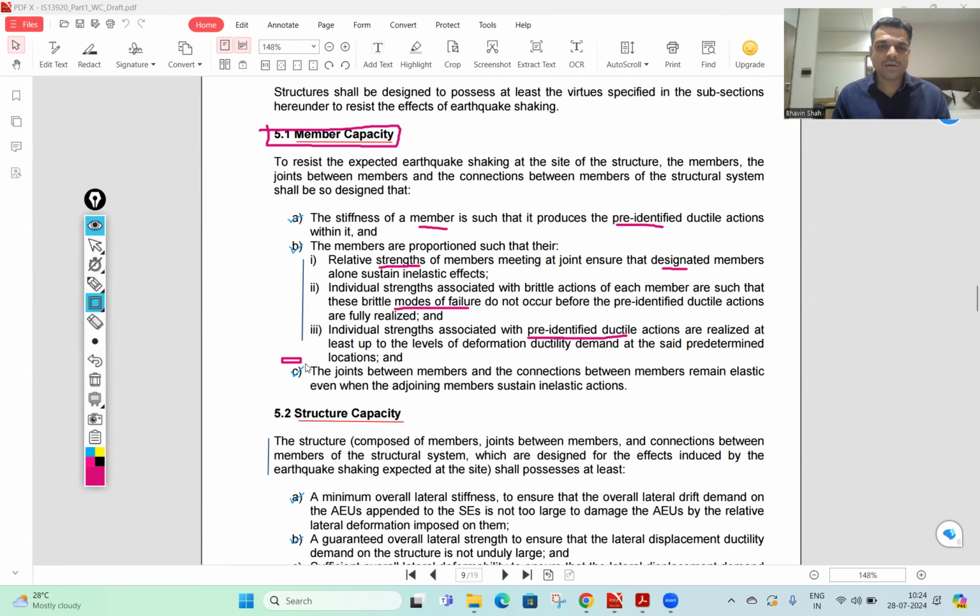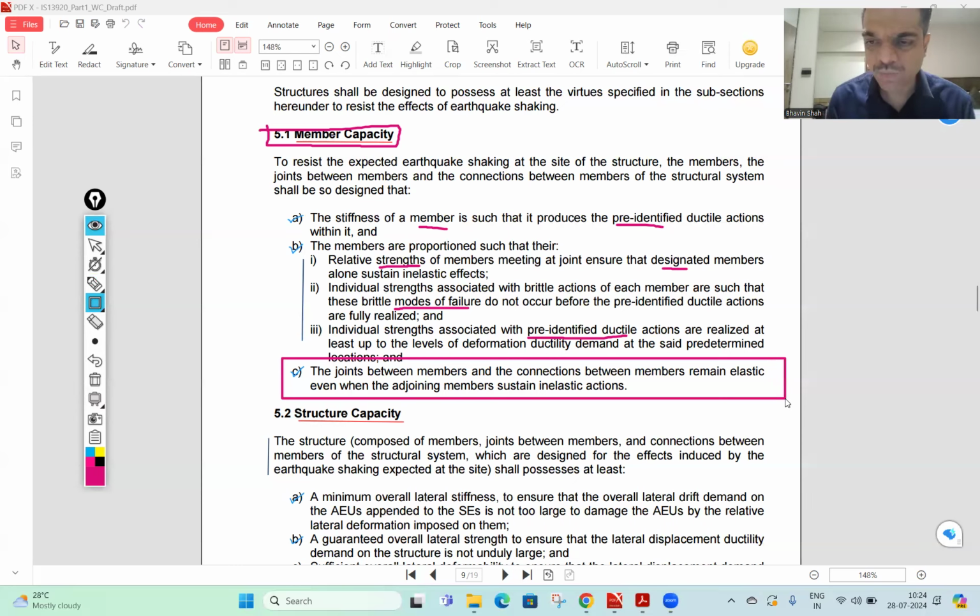The next part says that all the joints between the members and the connections between the members shall remain elastic, even when the adjoining members sustain inelastic actions, so that the connections shall not become a weak link in the entire structure. That is the intent of this draft document. So even if adjoining members sustain inelastic actions, the connections shall remain elastic.